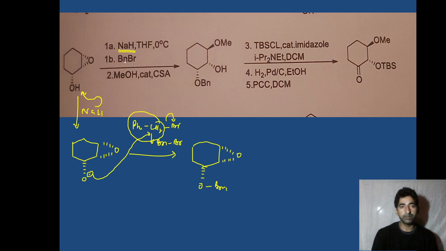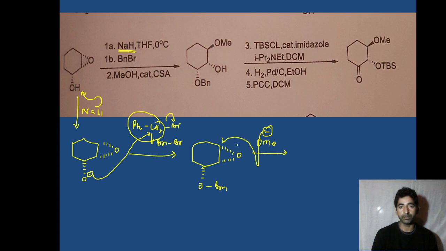And the next step, it is treated with MeOH. What is the function of MeOH? MeOH will provide me OMe minus. Now this OMe minus attacks and the epoxide ring will break. Now how does this epoxide ring break? Since the bulky group is below the plane, this OMe will attack above the plane.